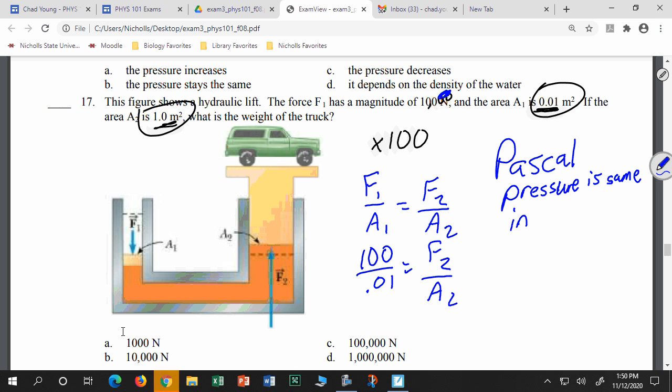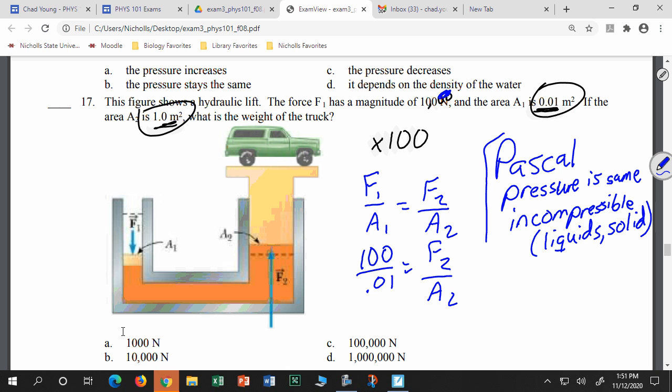It's only for incompressible fluids, and incompressible fluids include liquids only. A gas is compressible. You can compress a gas, but liquids and solids are incompressible. So this is true for liquids. Solids are also incompressible, but practically, you can't use a solid to do this because you don't feel pressure in the same way.